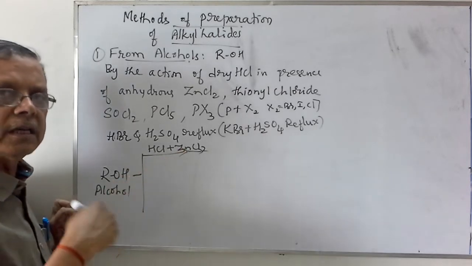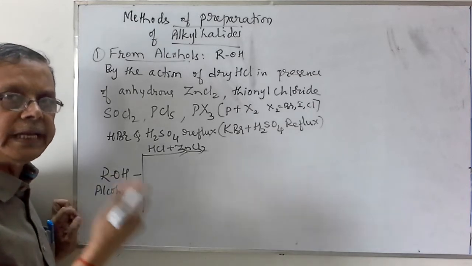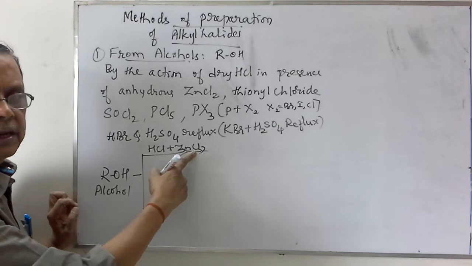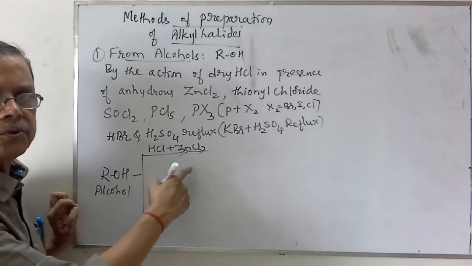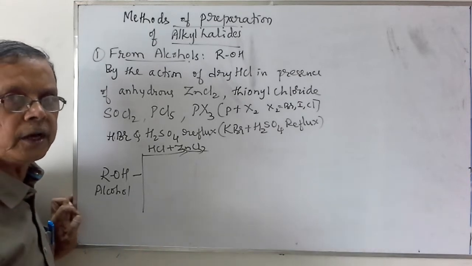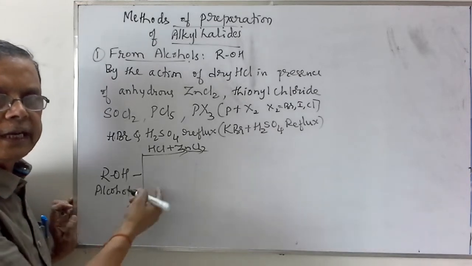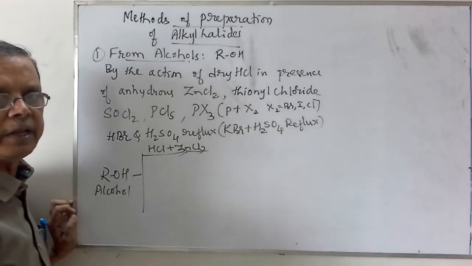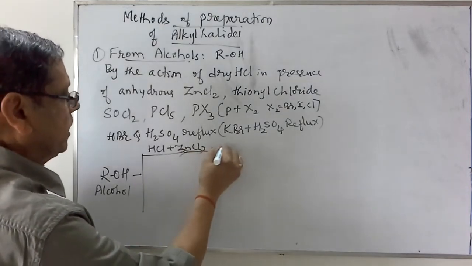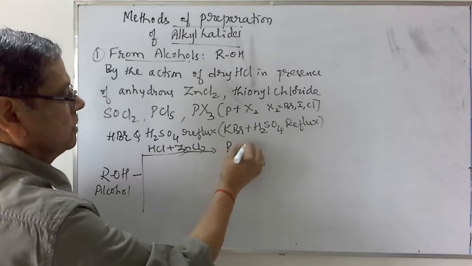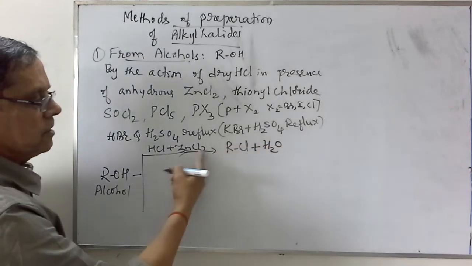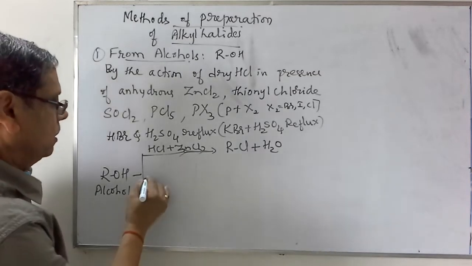Tertiary alcohol does not require zinc chloride because it is highly reactive. So if it is primary, we have to use zinc chloride. If it is secondary also, we have to use zinc chloride. If the tertiary alcohol is to be converted to the corresponding chloride, there is no need to use zinc chloride because it itself is very reactive. Then we will get RCl plus water. In the removal of this water, zinc chloride has an important role.